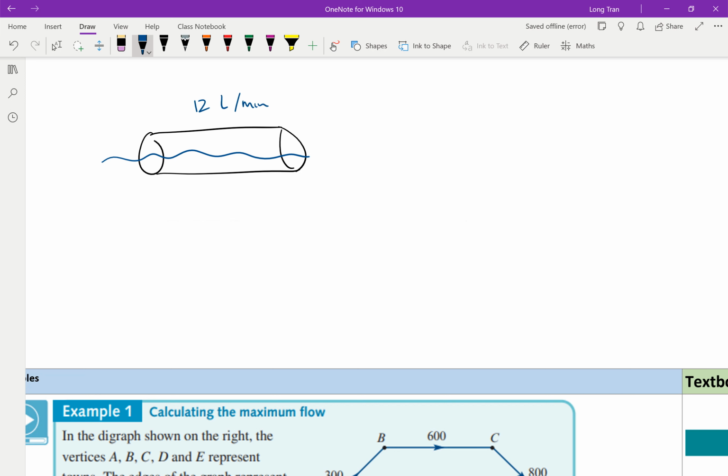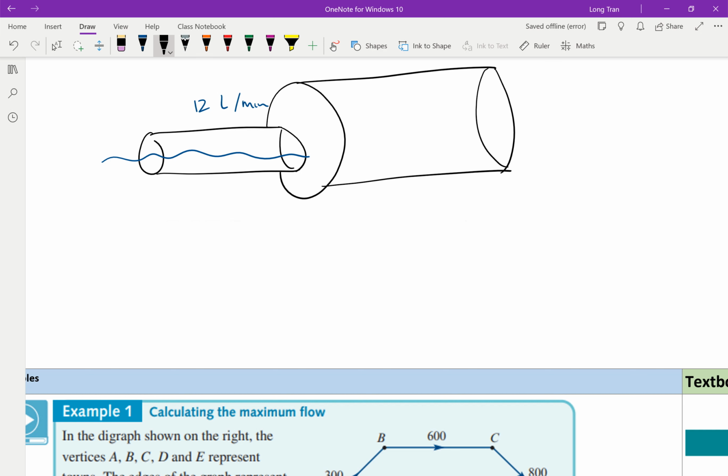Let's just say that was the rate that it can go through. It can't go any more. 12 liters is the maximum it can take. Then let's say that's connected to another pipe that is much larger, which now has a capacity or potential to take on water that goes up to, say, 30 liters per minute.